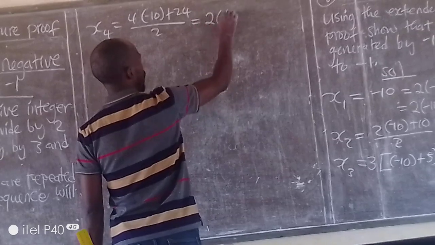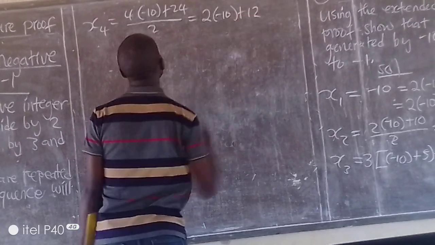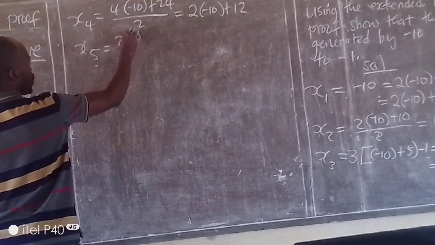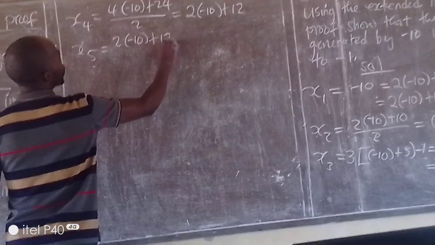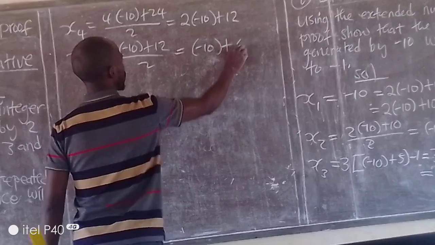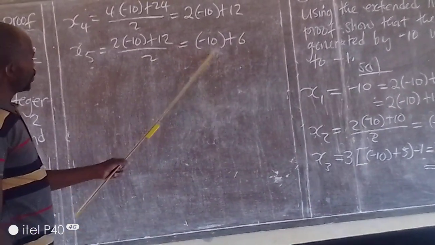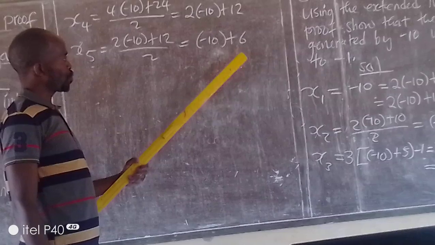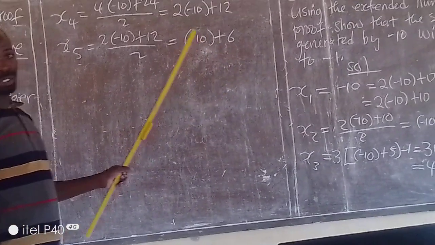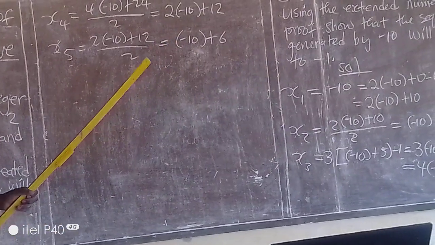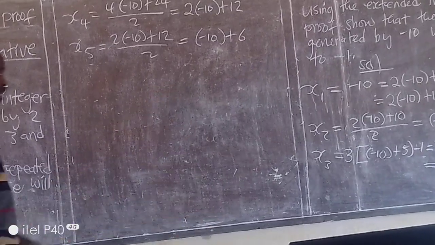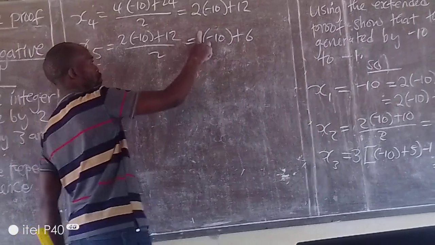This will be 2 times negative 10 plus 12. Then x5 will be equal to, divide that again by 2. This will be equal to negative 10 plus 6. Now negative 10 plus 6 is also, if we check this one, odd as well. Because it's odd, it cannot be exactly divisible by 2, in the sense that the coefficient here is 1.